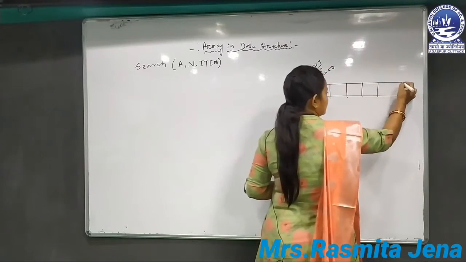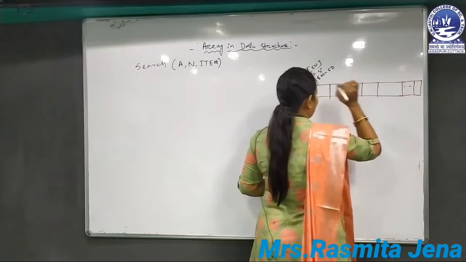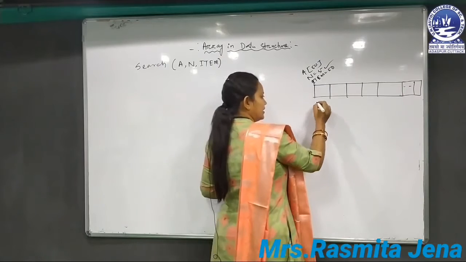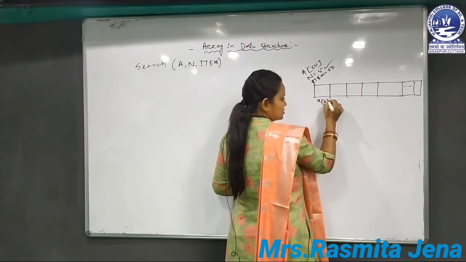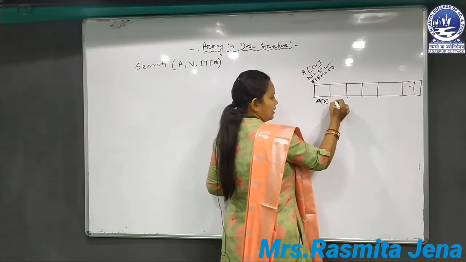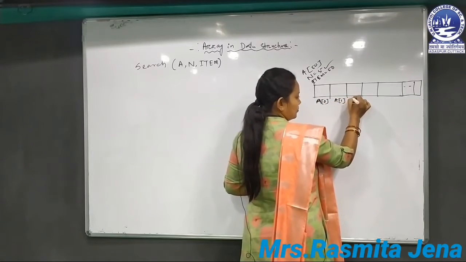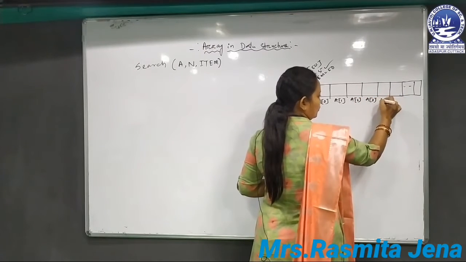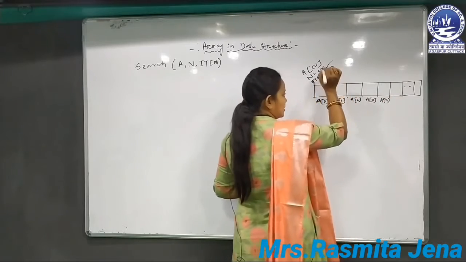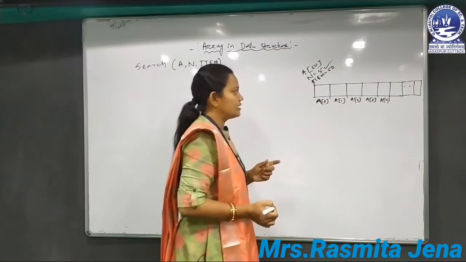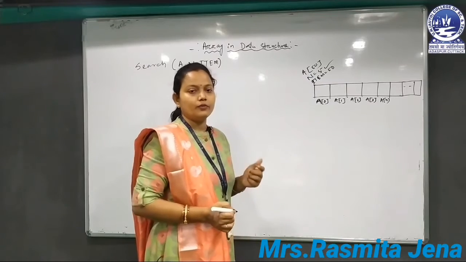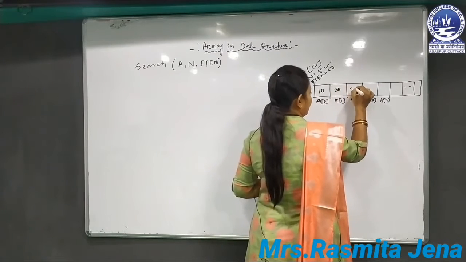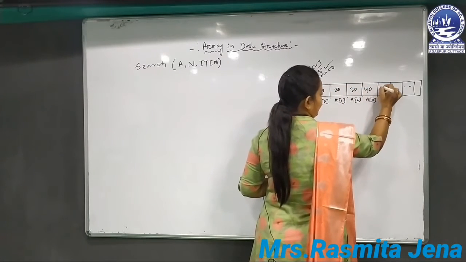As we are inputting the size of the array as 5 and we know that array index starts from 0, this is the A of 0 location, and next are A of 1, A of 2, A of 3 and A of 4. As it is declared as 5, we can store a maximum of 5 elements in the array. Suppose the array contains 10, 20, 30, 40 and 50.